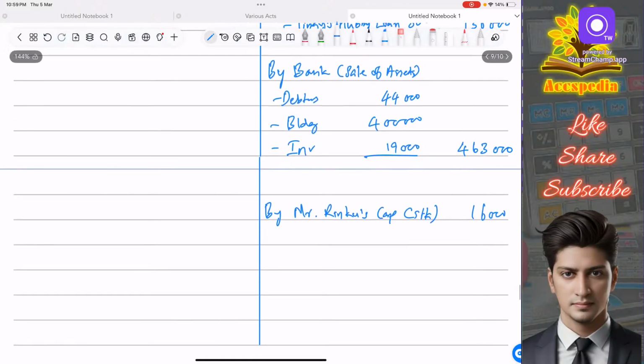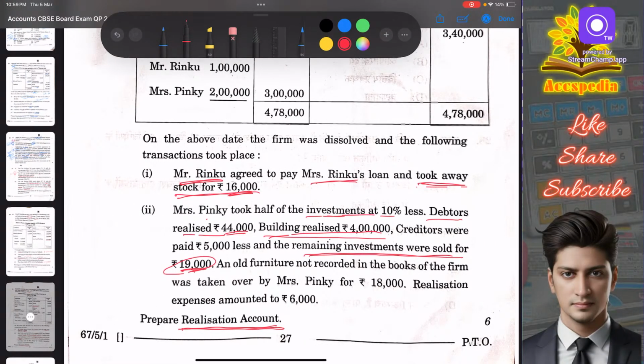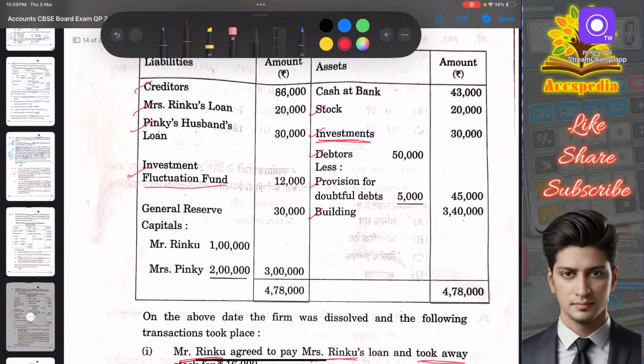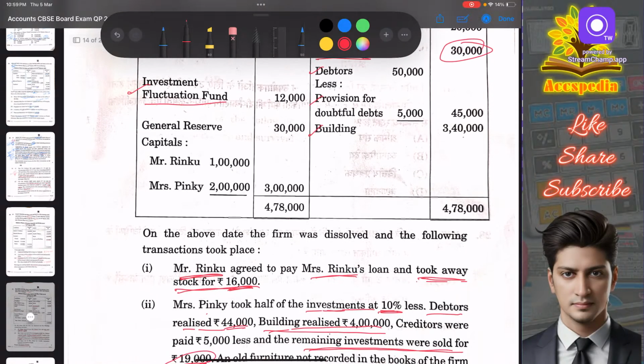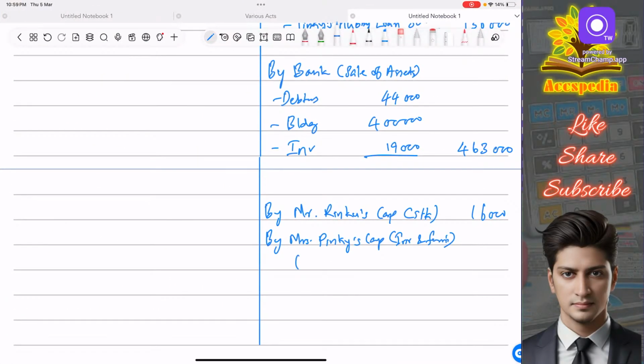Yes. So then Mrs. Pinky, another partner. Pinky took over investment as well as some old furniture. You see, Pinky took half of the investment, 10% less. Investment is 30,000. Half of that is 15,000, value of investment, took 10% less, 1,500 is 10%. So 13,500 she took over investment.